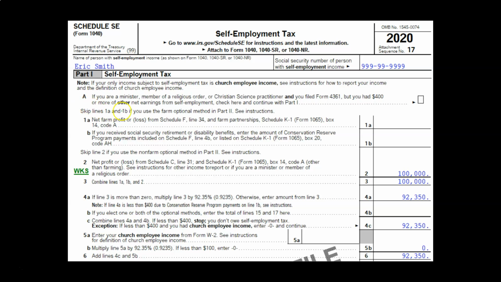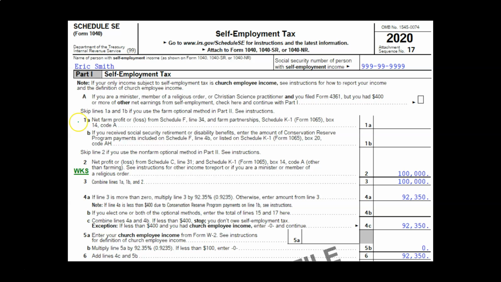So if you are a minister, member of a religious order, or Christian Science practitioner, and you file Form 4361, but you had $400 or more of earnings from self-employment, check here. That would be a special rule for ministers, members of religious orders, and so on. If that applies to you, you're going to want to do some more research on the self-employment. Skip lines 1a and 1b if you use the farm optional method in Part 2, see instructions.